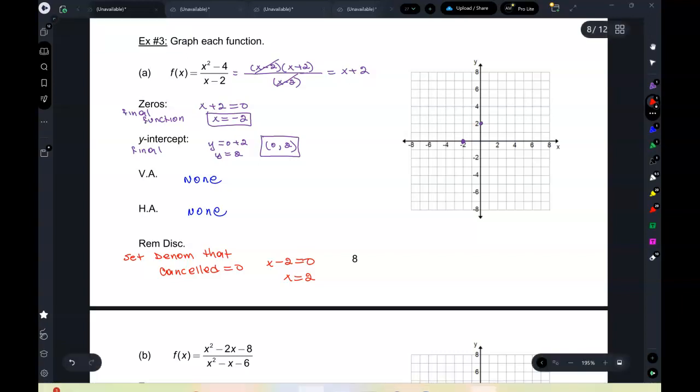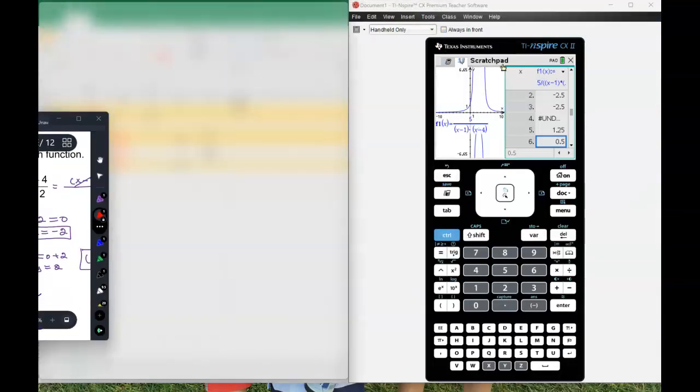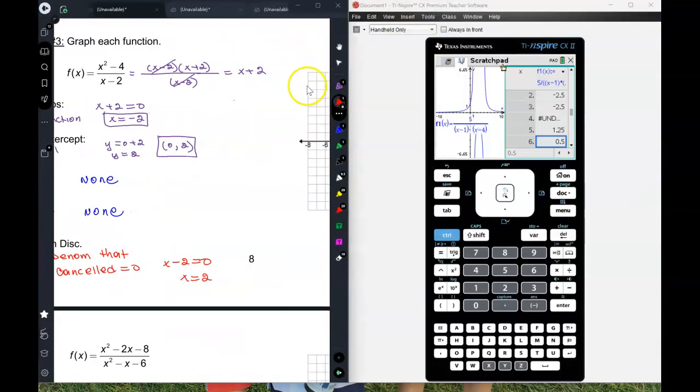So why don't we go ahead and, by the way, what did this graph reduce to? Y equals what? What did this function reduce to? Y equals x plus 2. How do you graph y equals x plus 2? What does it look like? It looks like a line.